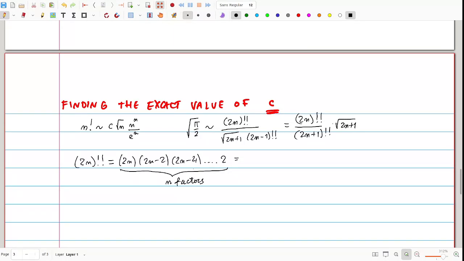All factors are even, so you can collect 2 to the power n. You can collect a 2 for each factor, and then you are left with the first factor becoming n, the second one n minus 1, n minus 2. We are left with the factorial of n.